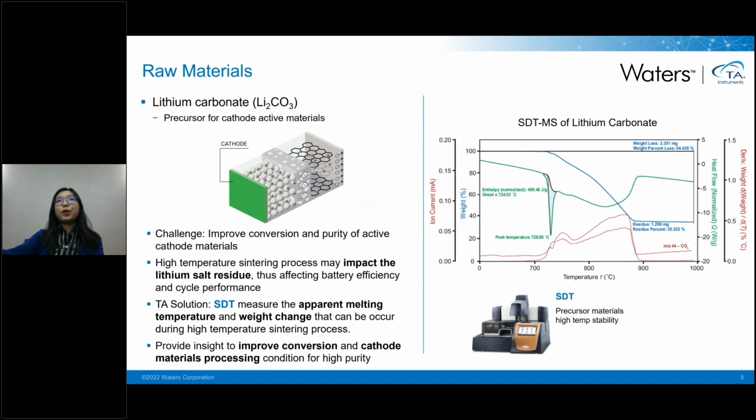So first of all, I will go into raw material, how the technology is able to characterize and study the raw material. One example of a raw material is lithium carbonate. It's often used as a precursor of a cathode active material.